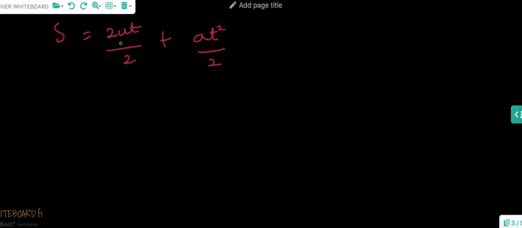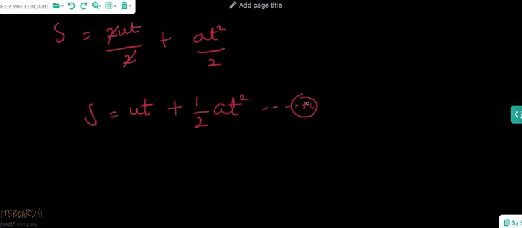From here the 2 can cancel, so I have s equals ut plus, this can be written as half at square. That is equation 2. Now going to equation 3, the last equation of motion.